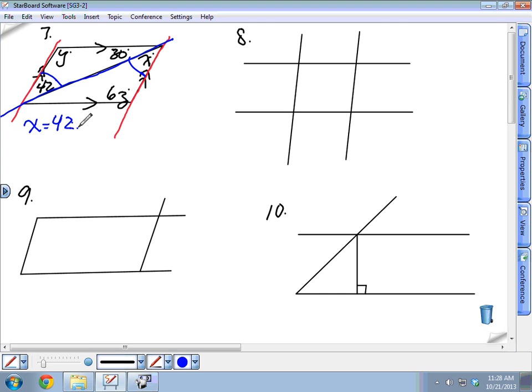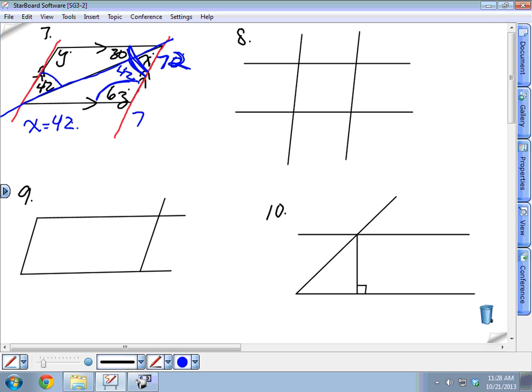Once I have 42, I know that this whole angle right up here is 72, because I add that 30 to it. Now I also know that this angle is supplementary to the 6z.